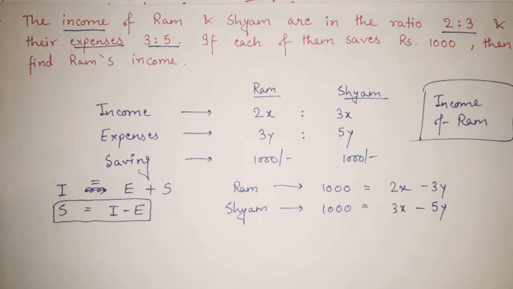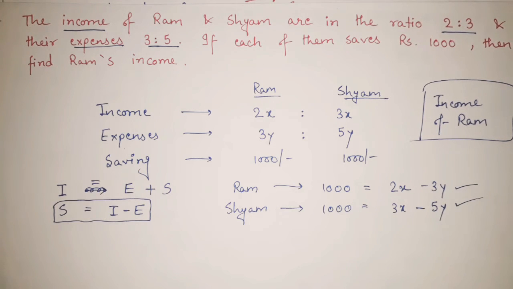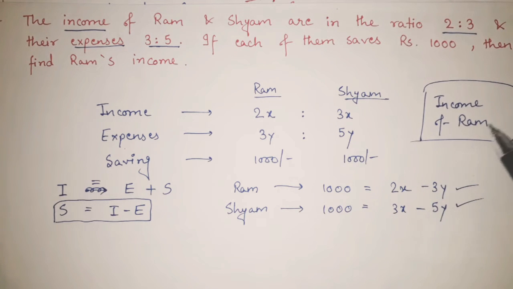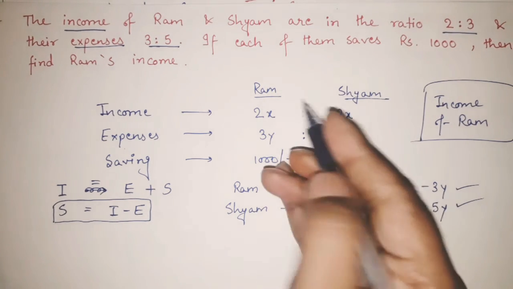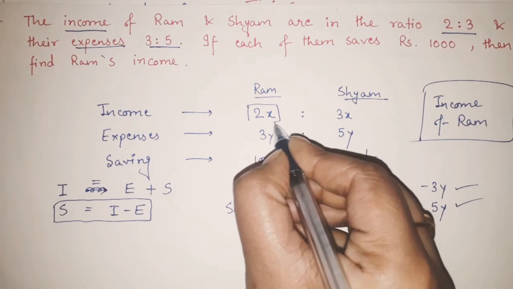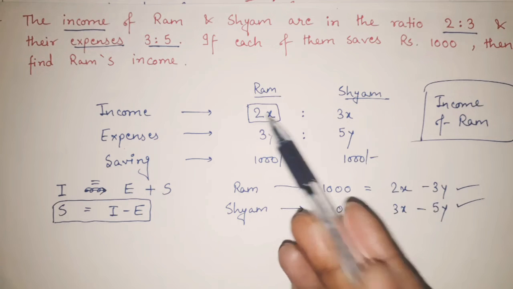Okay, so that means what? You can see that we have got two equations, one for Ram and one for Shyam. Now what we want? We actually want the income of Ram. That means we want to find out the value of 2x. Now how can you find out the value of 2x? 2 we know.